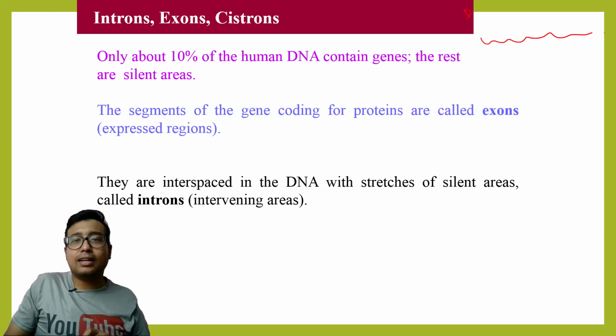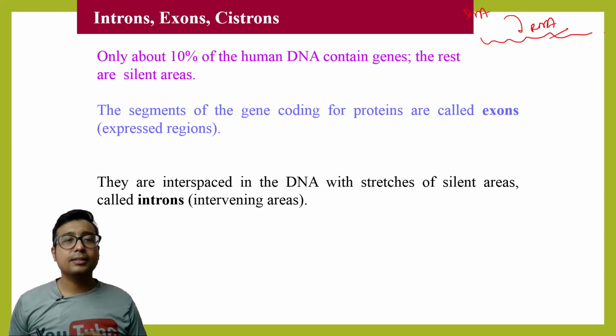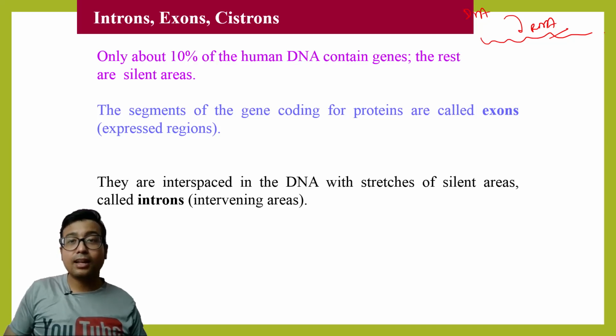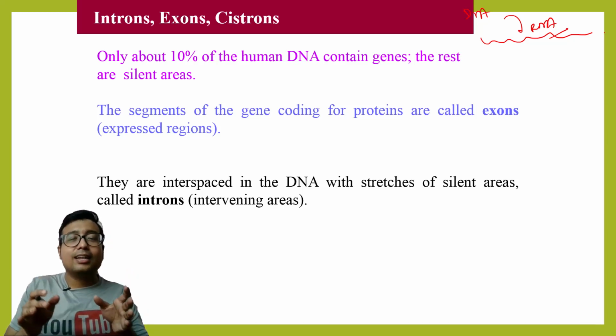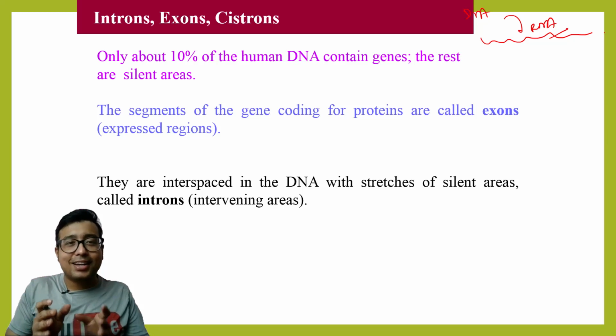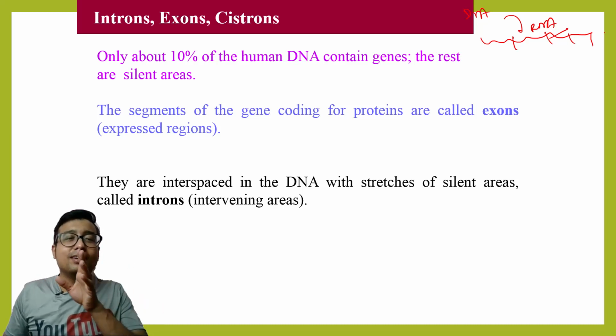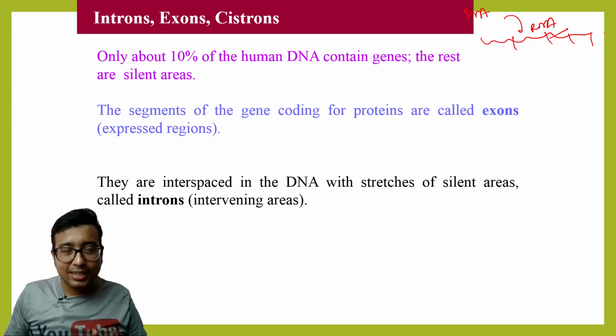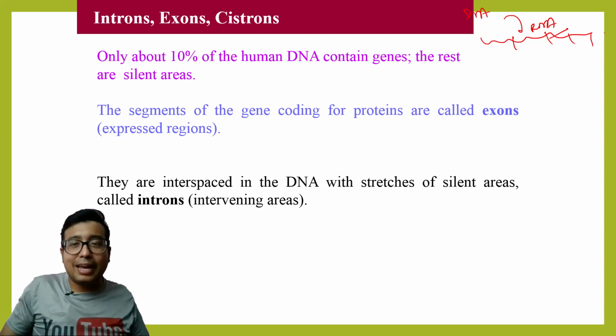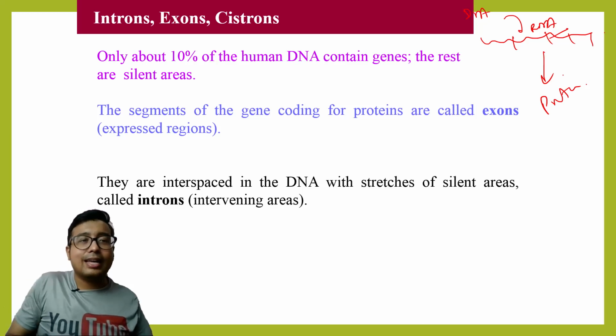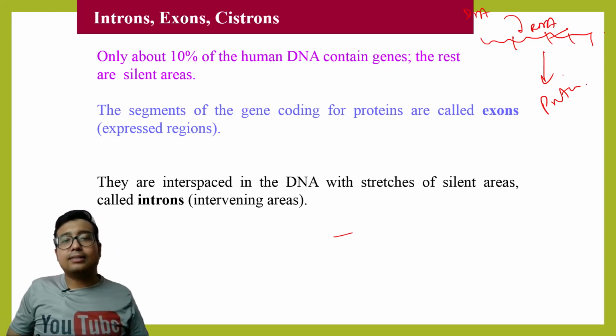So from DNA, RNA is formed. Actually, not all parts of the RNA will be used to translate. What I mean is, from mRNA, translation will happen to form protein. So if we see, this whole part is DNA.